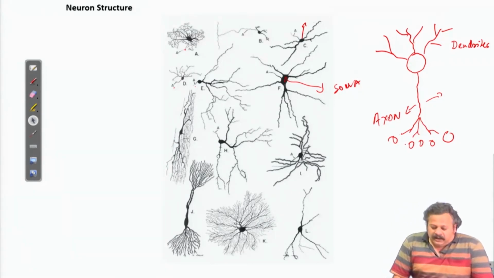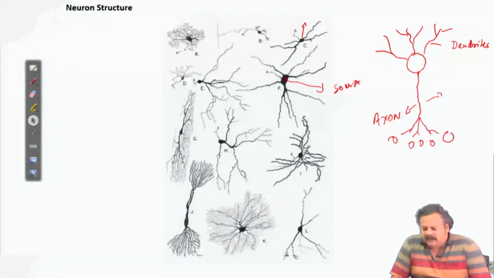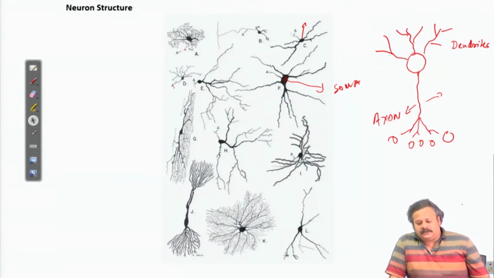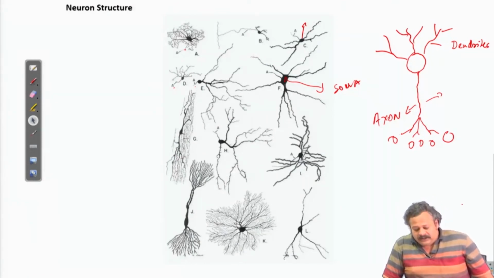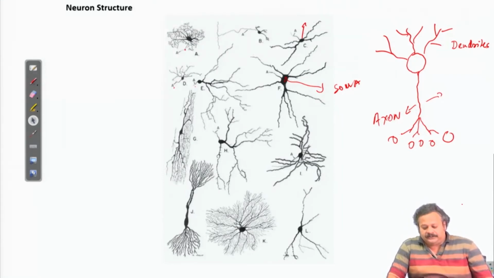In terms of structure, the axon has different components, which we will discuss a little later, and similarly the dendrite can have many different properties involved in processing. Those details we will go into when we talk about the computational side of how these neurons process information coming in from the previous structures.